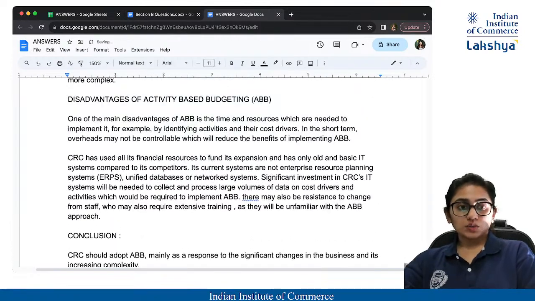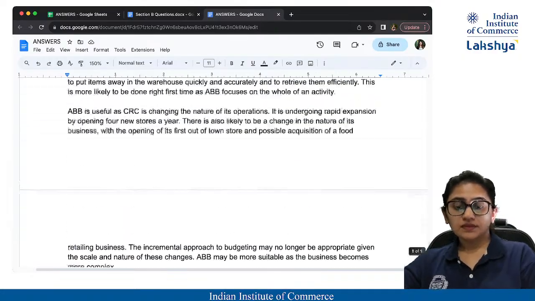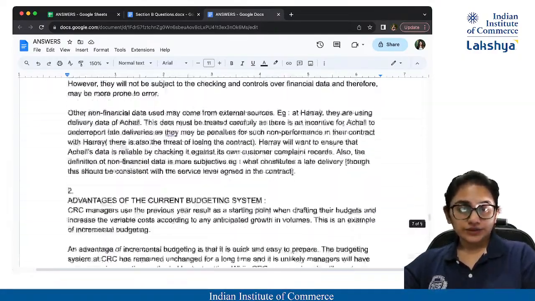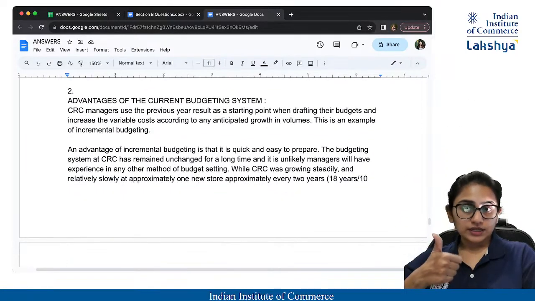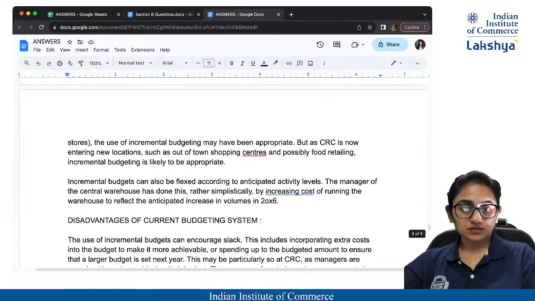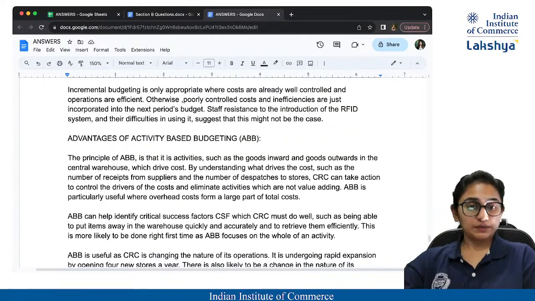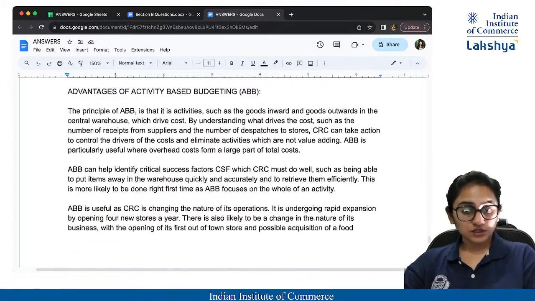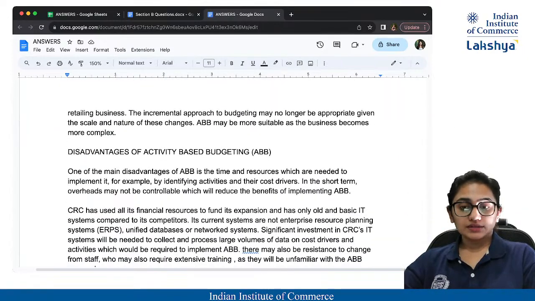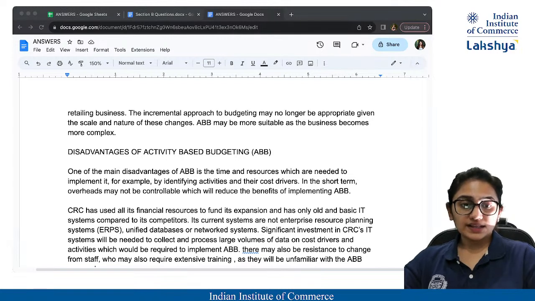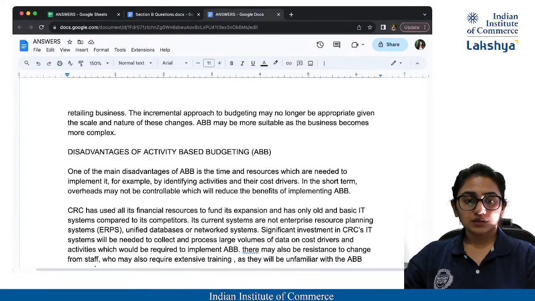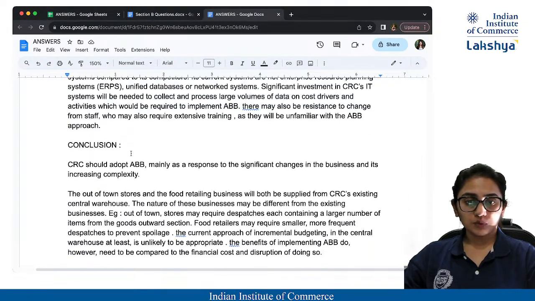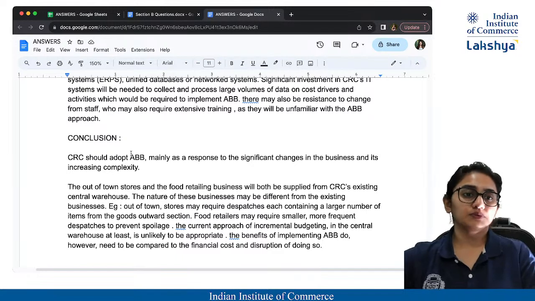So this is the conclusion that you have drawn. First you gave an advantage of the current budgeting system, then a disadvantage of the current system, then an advantage of ABB, then a disadvantage of ABB, and finally at the end you gave your conclusion. So that is how it's supposed to be. If you want to go through, please go through and then we proceed.